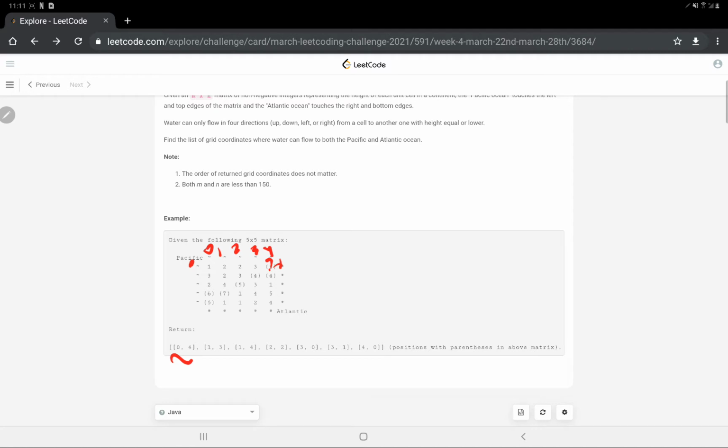And the other coordinate given to us is 1 3. Okay, 0 1 3, that is 7. So water can flow to this side and this side, and it can flow to both the oceans. It touches this and it touches this. So that's the main thing over here.